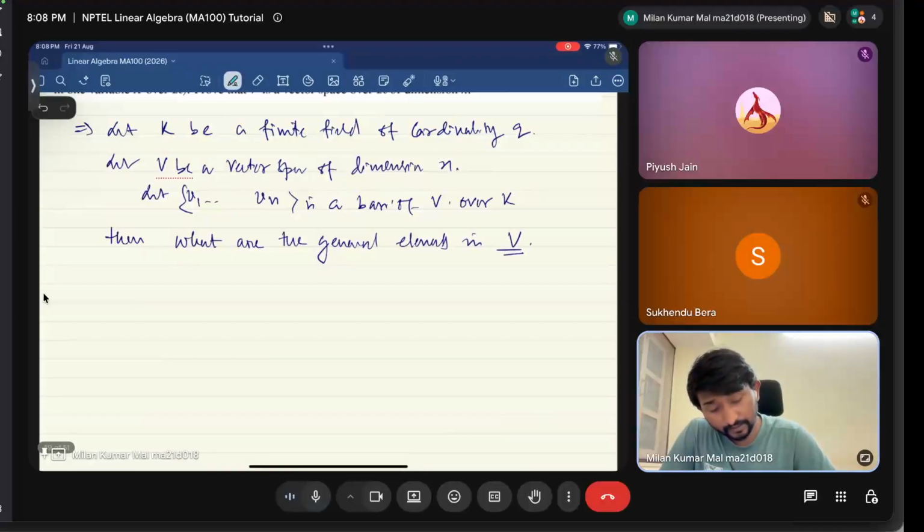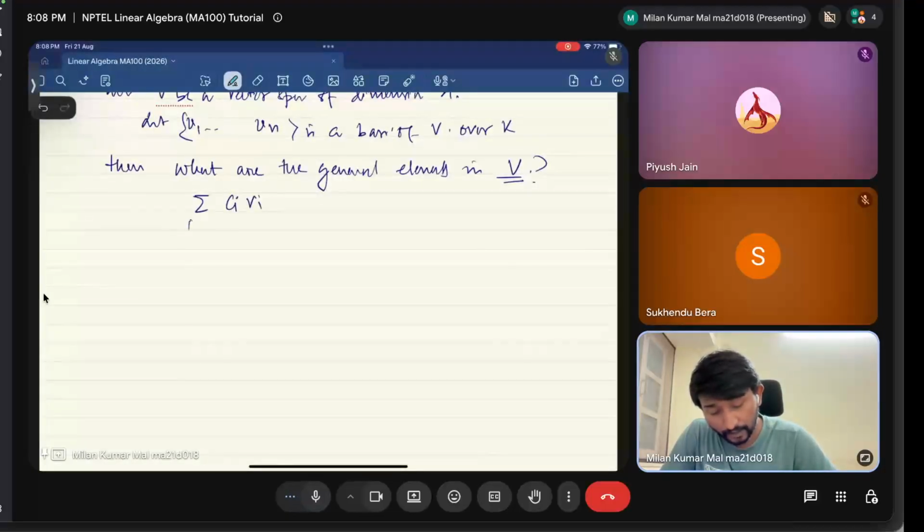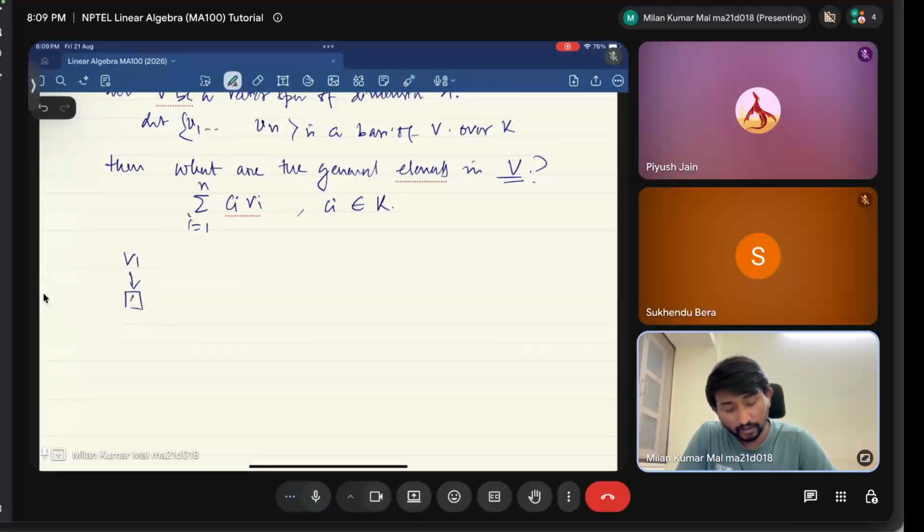That is a linear combination of the basis elements, that is the sum of ci vi, i equals 1 to n, where each ci belongs to the field K. So basically we have a basis v1, v2, vn, and you can choose the scalars ci from K. Let's assume corresponding to v1 the scalar is c1, corresponding to v2 the scalar is c2, all the way corresponding to vn the scalar is cn.